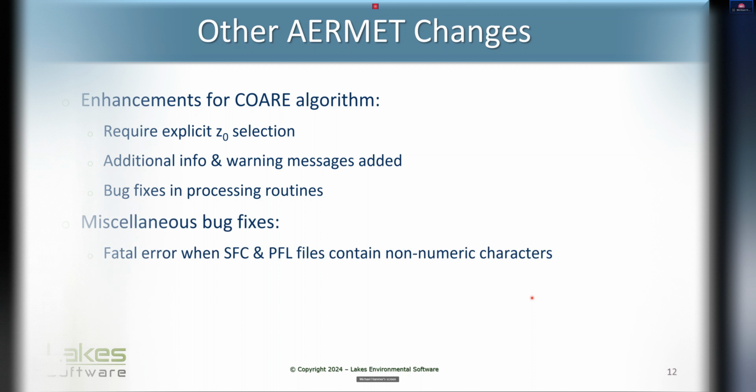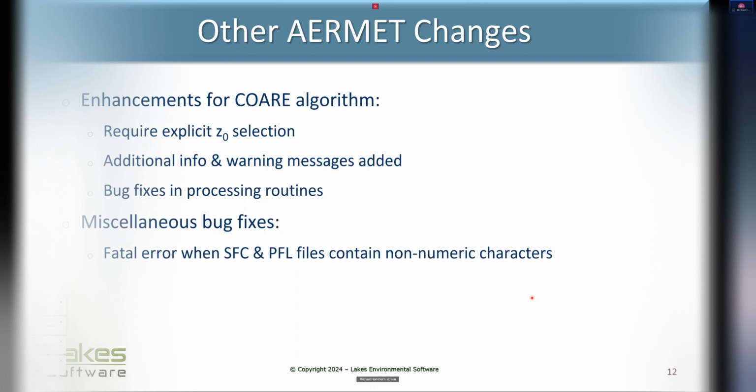Additional bug fixes included a fatal error issued when your final SFC and PFL output files contain non-numeric characters. This will make it easier for modelers to identify potential issues in their meteorological dataset, as prior versions of AERMET didn't really present a warning when non-numeric characters were present in these files.